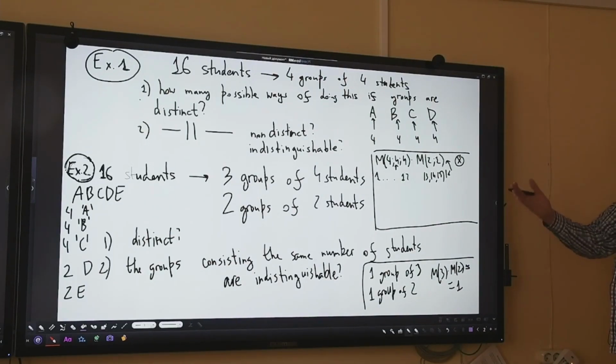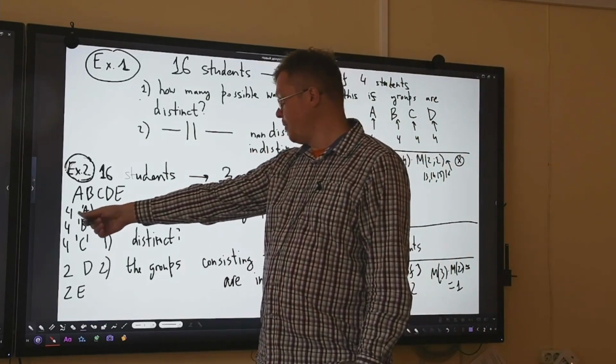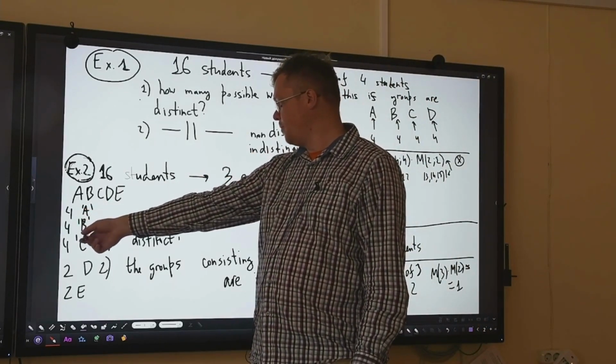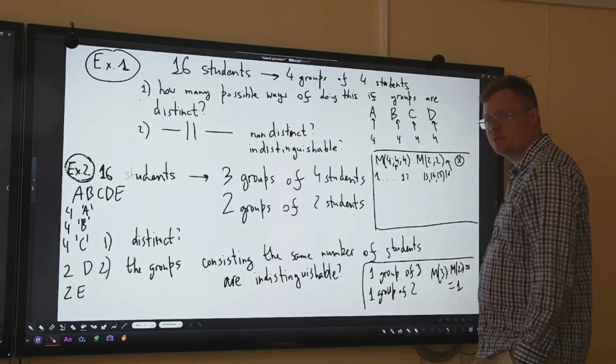So we have 16 elements, and we want to have 4 elements of type A, 4 of type B, 4 of type C, 2 of type D, and 2 of type E. How many possible ways of doing this?